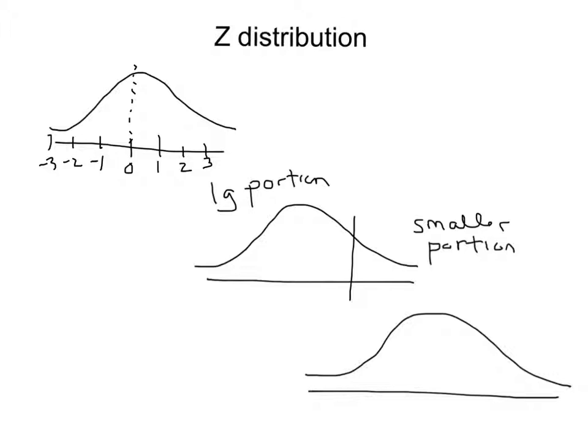It is asymptotic, meaning the tail is continuing on towards infinity. The mean equals the median equals the mode, and the area under the curve totals 100%, or 1.0. So everywhere under the whole curve is 100%.